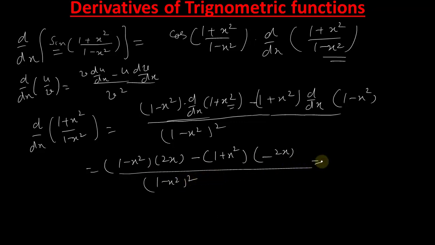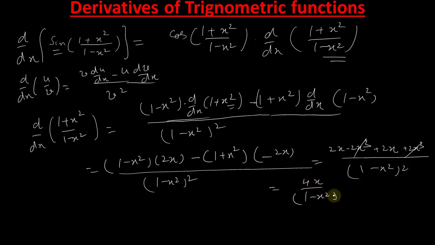So it becomes 2x minus 2x cube, and minus minus is positive, plus 2x plus 2x cube, divided by (1 minus x square) whole square. The cube terms get cancelled, so it is 4x upon (1 minus x square) whole square. So its derivative is this.